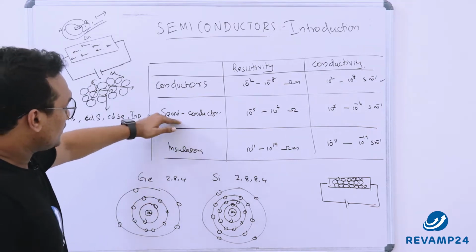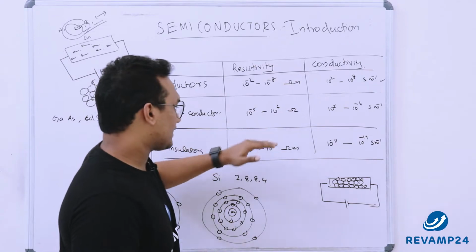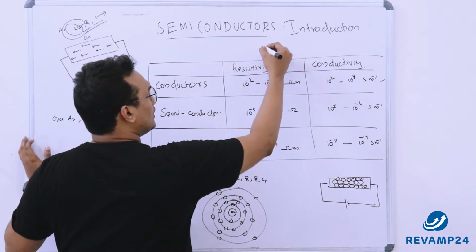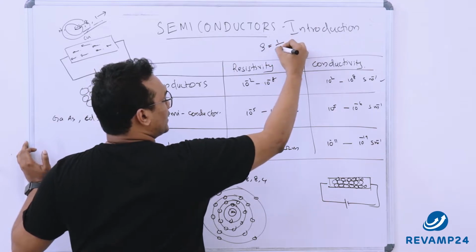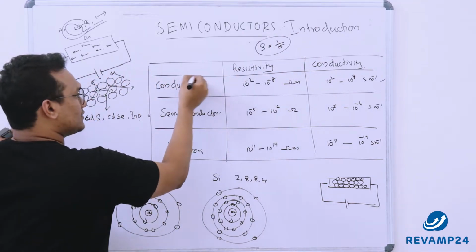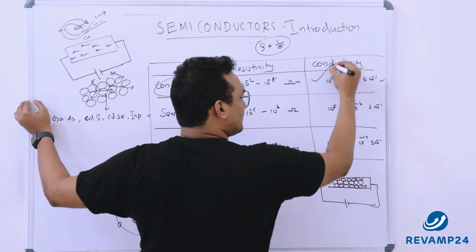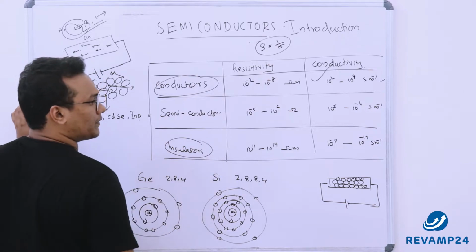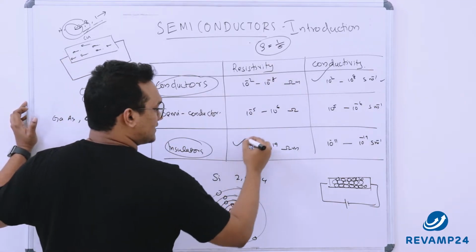Now with semiconductors, resistivity would be more, and 1 by resistivity is conductivity. We know that resistivity is equal to 1 by conductivity. So a conductor's property is higher conductivity, and an insulator's property is higher resistivity.